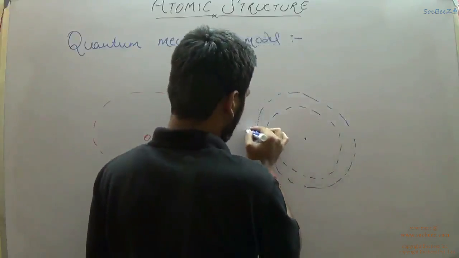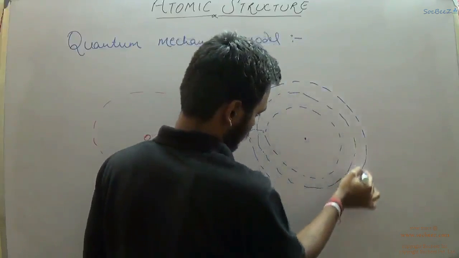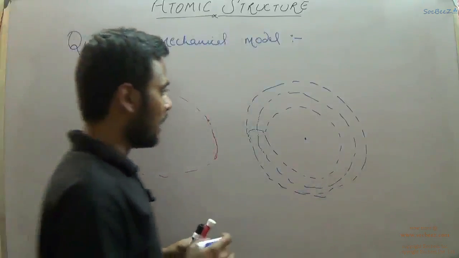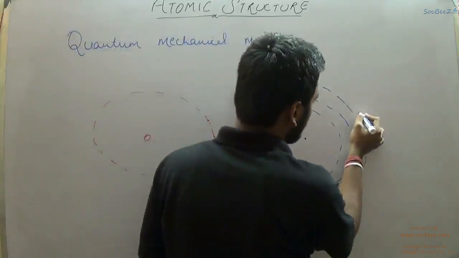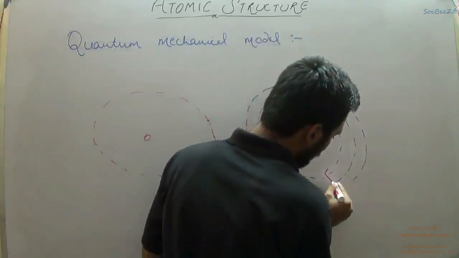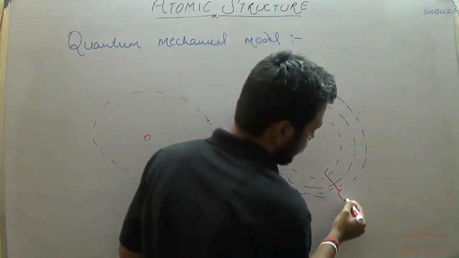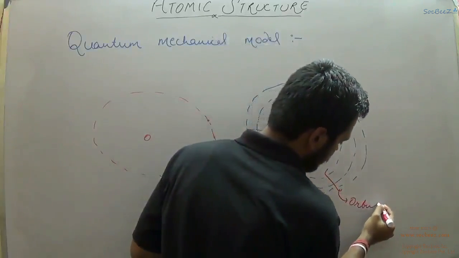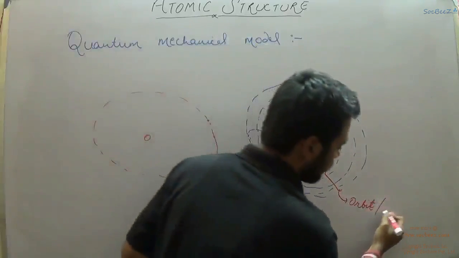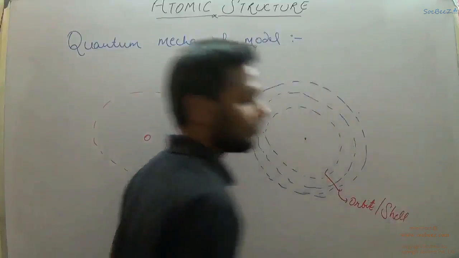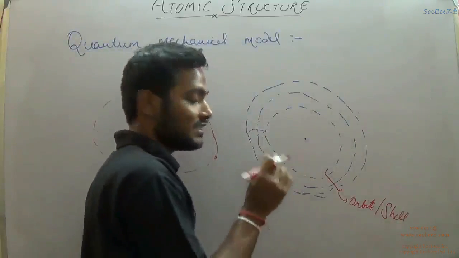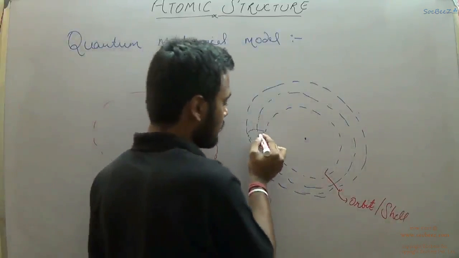And this whole bunch of space is called an orbit, or shell. Now, even in this particular space, there are many sub-levels.